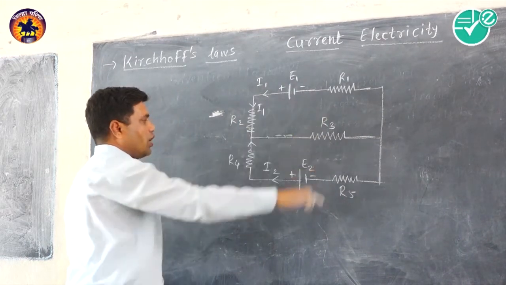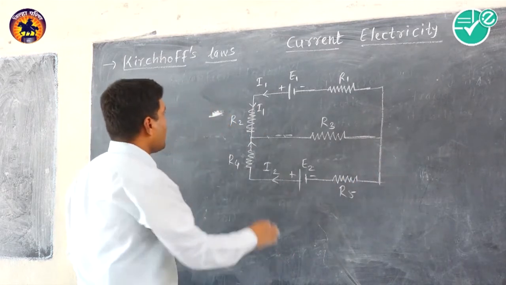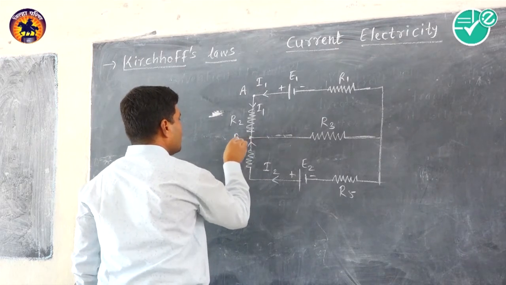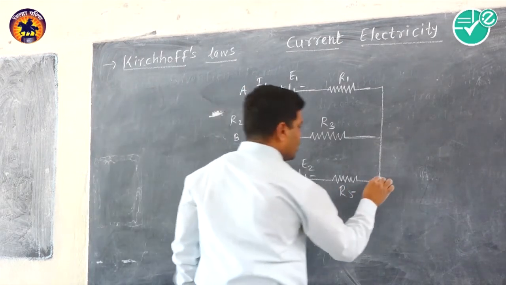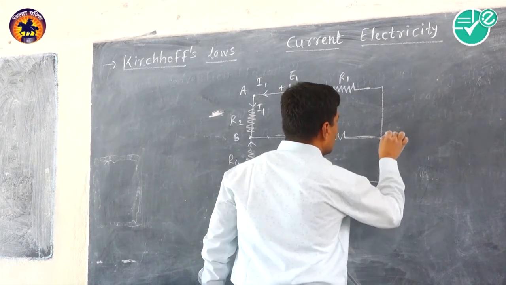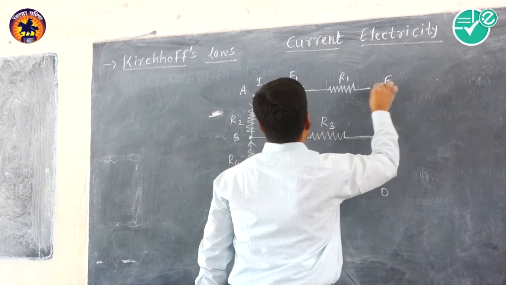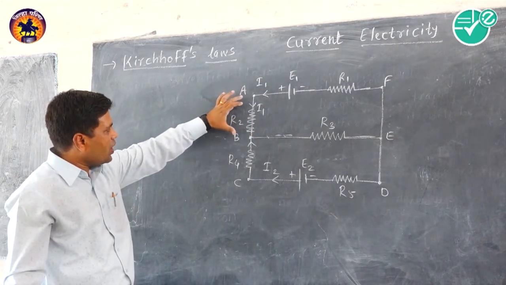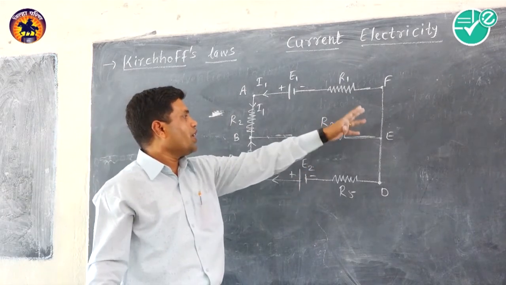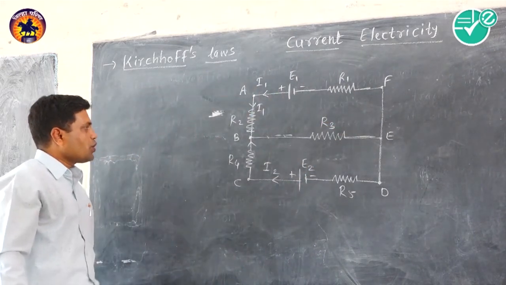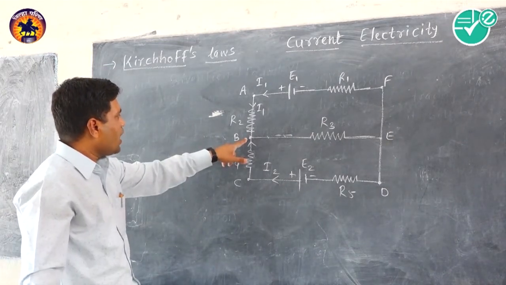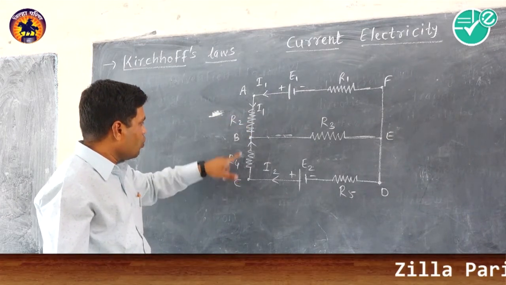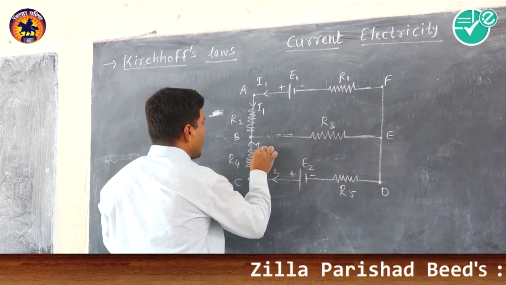We first of all label this circuit with different points. Suppose this is a junction point A. This is another junction point B. It is point C. Another point here is D, E, F and A. So at point B you observe that the current flowing from A to B, that is I1, and the current flowing from C to B, that is I2, get added up here.